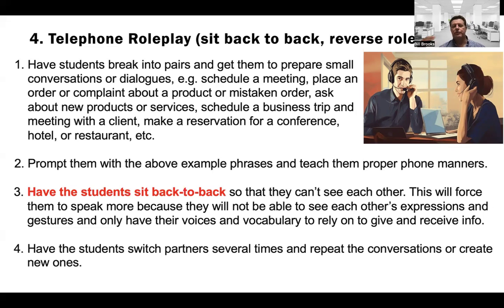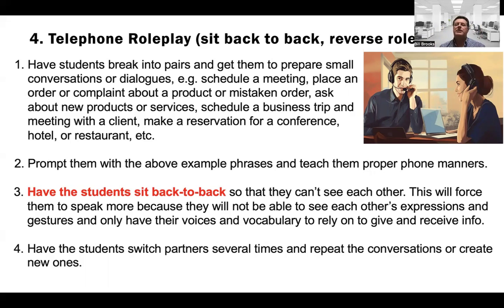And then you go through all of that with them, and they practice, and then they break up in their groups and do this. And now the key point to this, though, is having the students sit back to back. This is a must, and it's very, very important. And I think anyone that's done this will understand very clearly that you don't want them seeing each other's expressions.